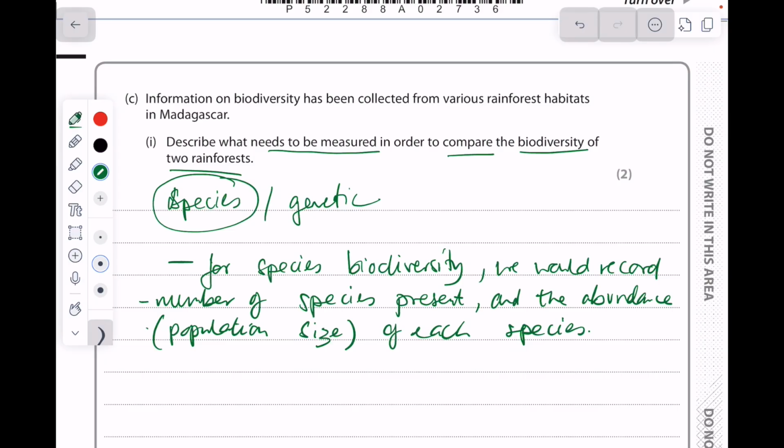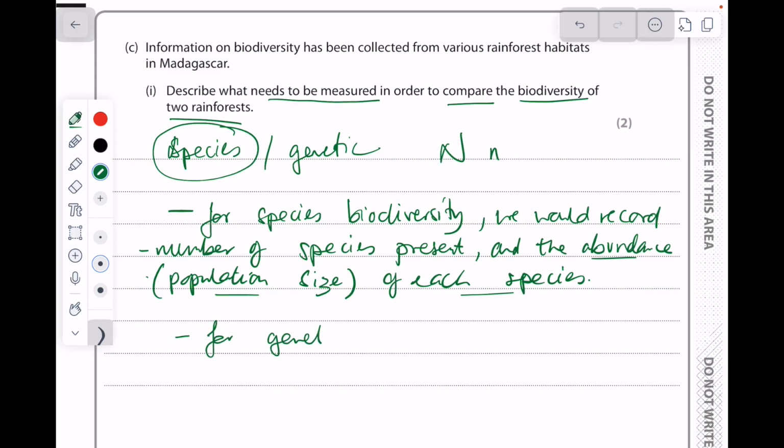Okay, so remember Simpson's index equation, which has just flown away from my mind right now. But in order to measure that, we do need big N and little n. So for that, we do need the abundance, the population size of each species. Okay.